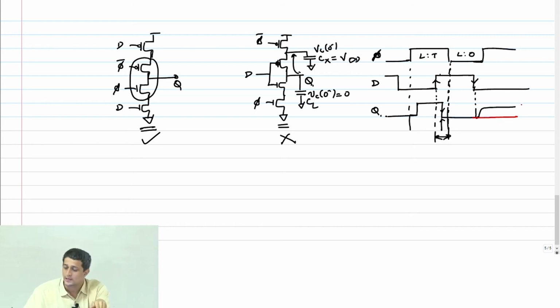Of course, now it depends on what this charge shared value is. Whatever this value is, it will go to something between 0 and VDD. Depending on where it lands, the following stage may trip or not trip. But that's not a good thing. Any questions here?